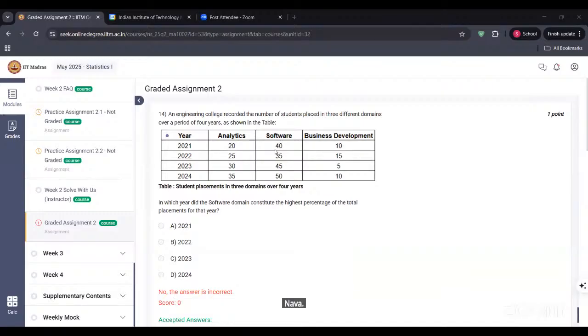In 2021, analytics, software and business department, the sum of all is the total.